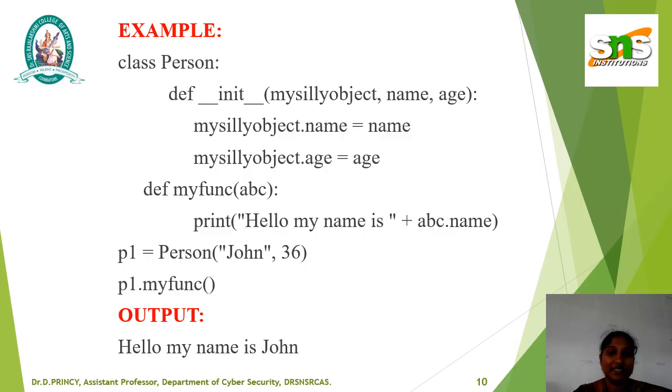The first parameter is the self object, so using that object we can access the other members. Next, myfunc of abc. It does not have other parameters. So print Hello, my name is abc.name. abc is an object. The first parameter is always the self parameter, which is used to access the other variables and members of the class.